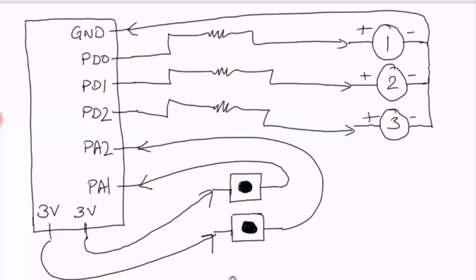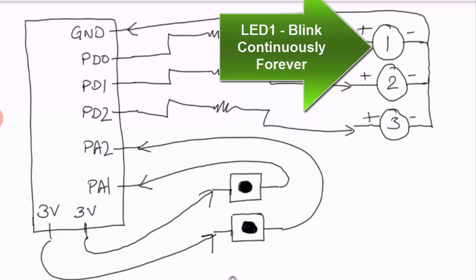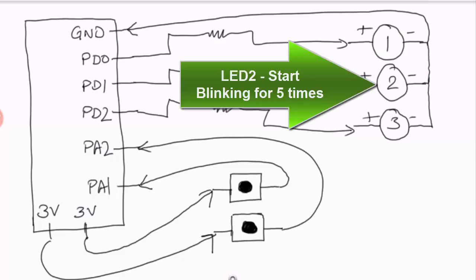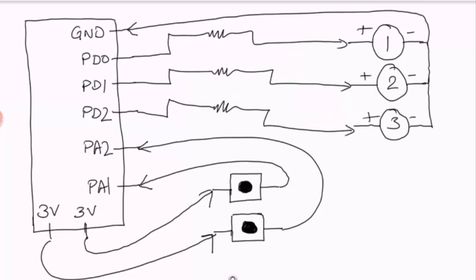Now we will change the program that we wrote in the previous tutorial in such a way that this second switch will have higher priority than this first switch. So what will happen is, in idle time LED1 will continuously blink forever. The moment I press the first switch, an interrupt will occur and this will make LED2 blink 5 times.